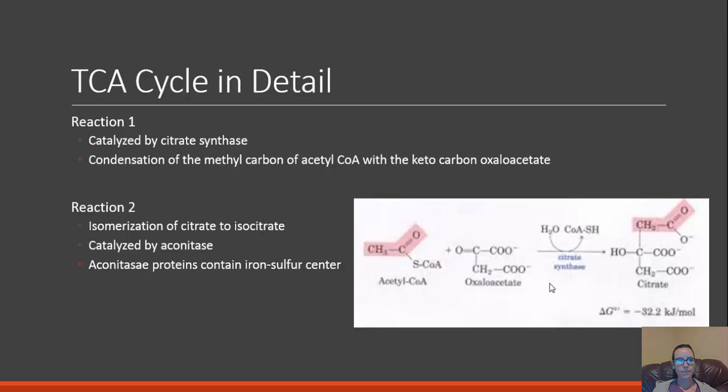Again, it's catalyzed by citrate synthase, and we end up with the citrate molecule. Then in reaction 2, we have the isomerization of citrate to isocitrate. Again, same atomic components, but in a different configuration. That's catalyzed by aconitase, which has an iron-sulfur center.